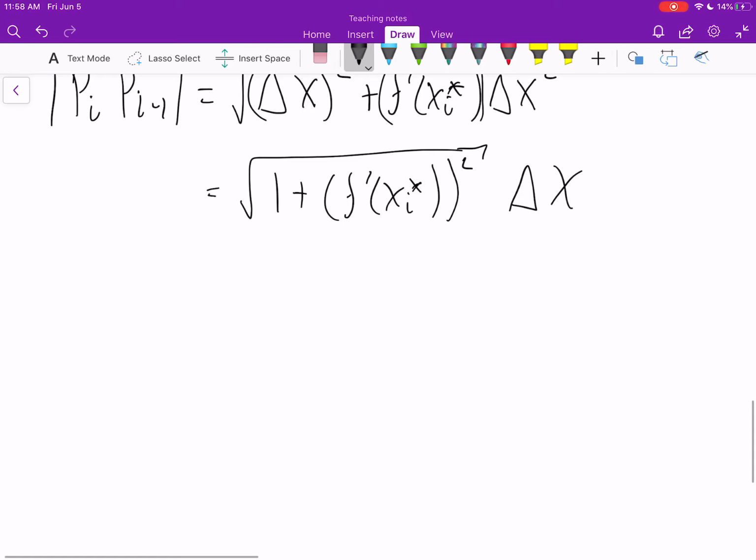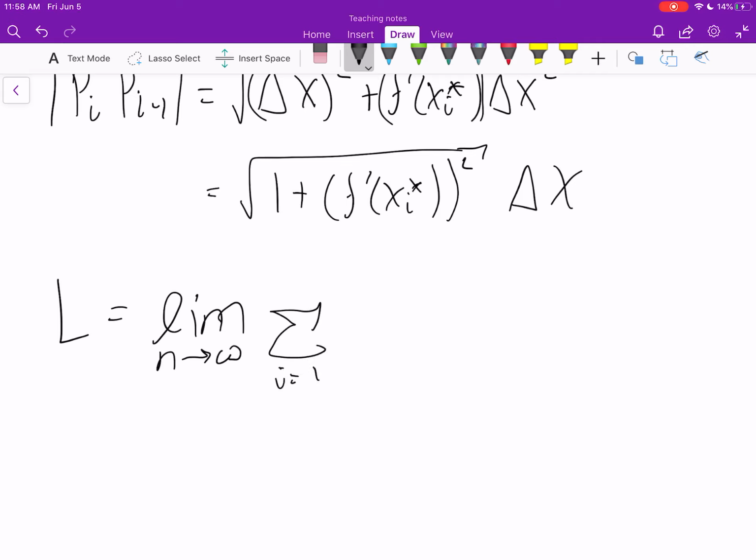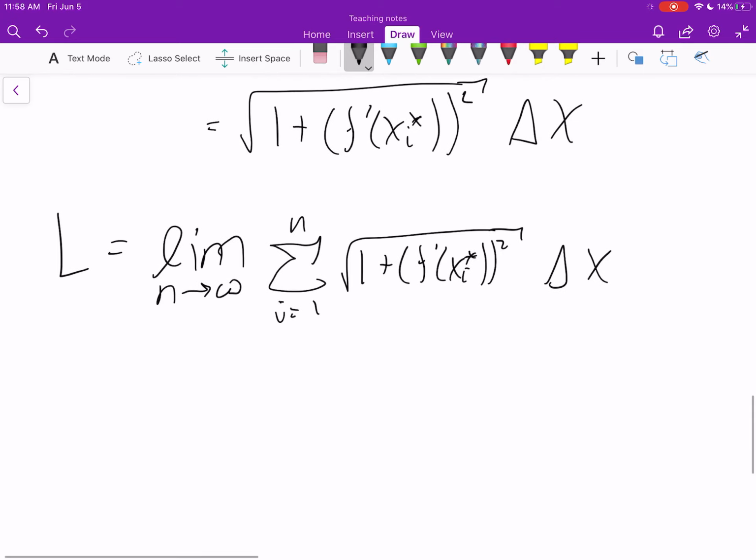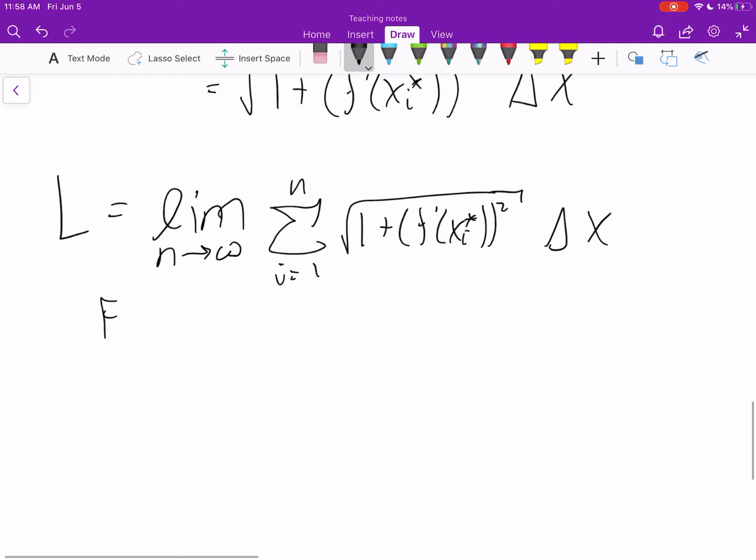So then I'm going to take this and plug it back into the formula for length, and this is the limit as n approaches infinity of the sum i equals 1 to n, square root of 1 plus f prime of x sub i star squared delta x. And as I let n go to infinity, you can see that this is the formula for a Riemann sum.